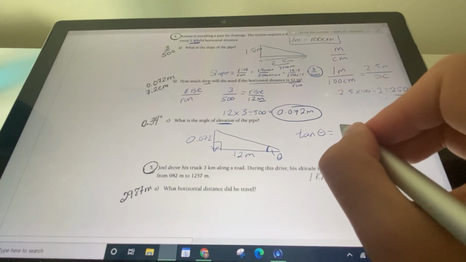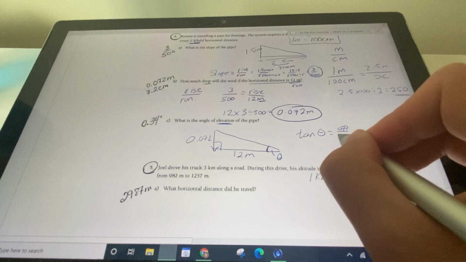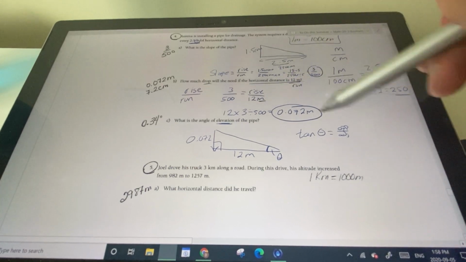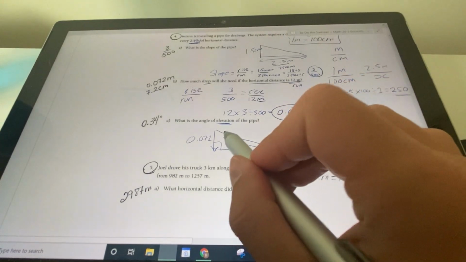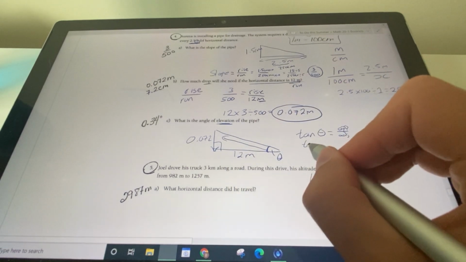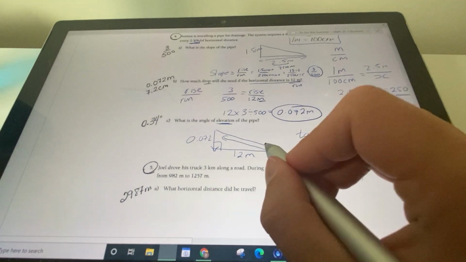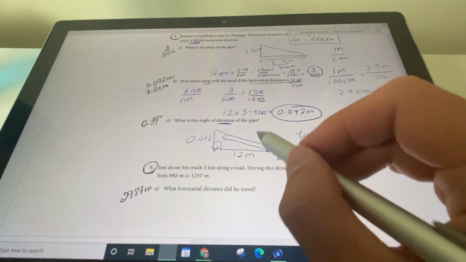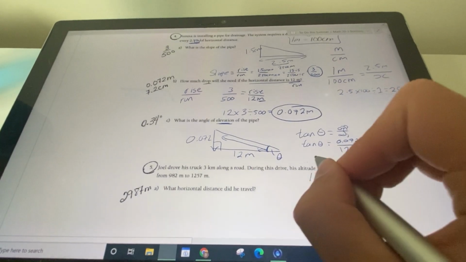So that is, remember, tan angle equals opposite over adjacent. Okay, our opposite side is 0.072. Okay, it's across from it. And our adjacent side won't be this side because that's the hypotenuse, so it has to be this side length, 12.